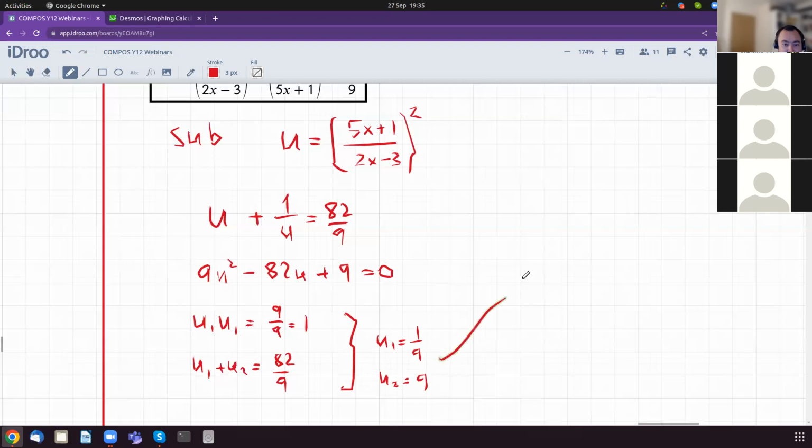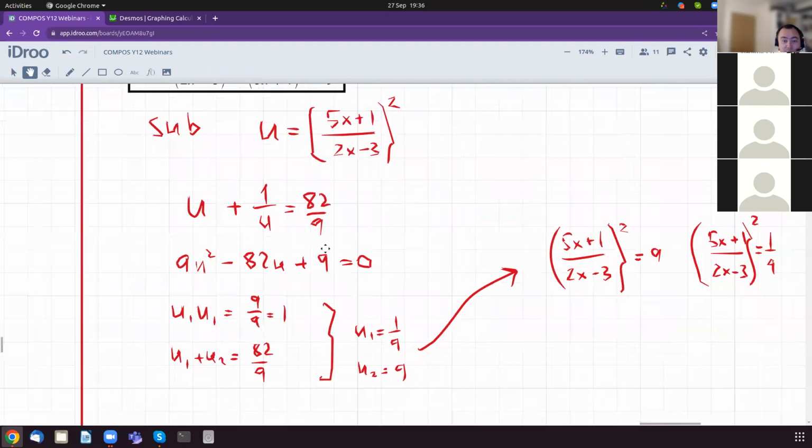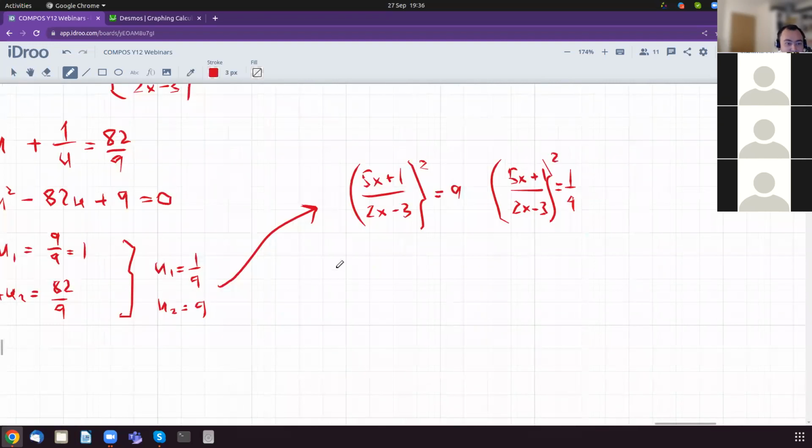So from here, you get ((5x plus 1) over (2x minus 3)) squared is 9, and ((5x plus 1) over (2x minus 3)) squared is 1/9. And you end up with 4 equations.